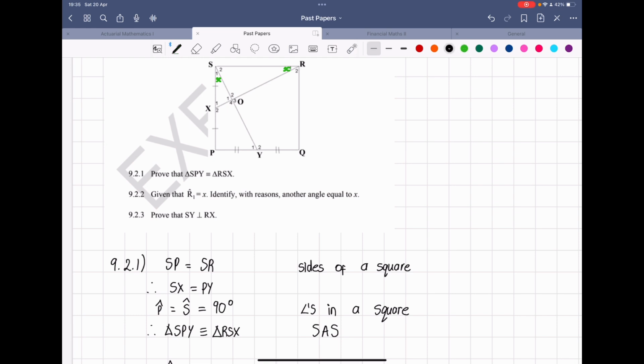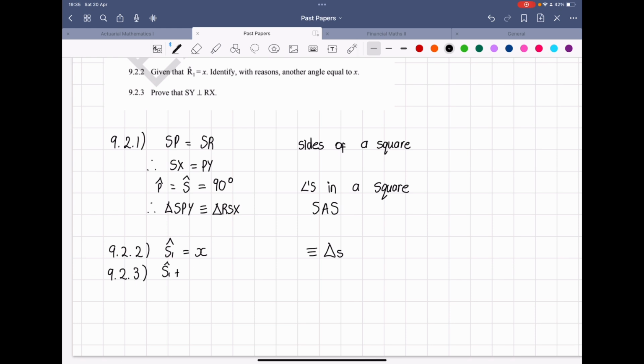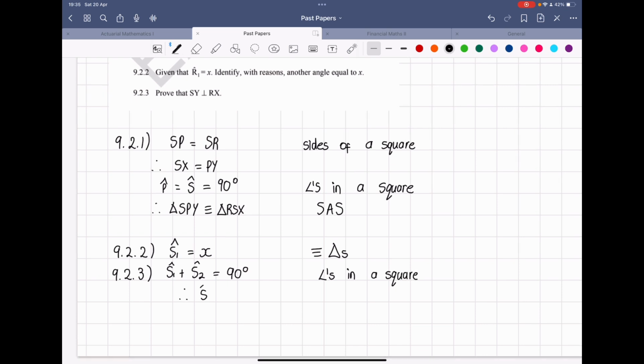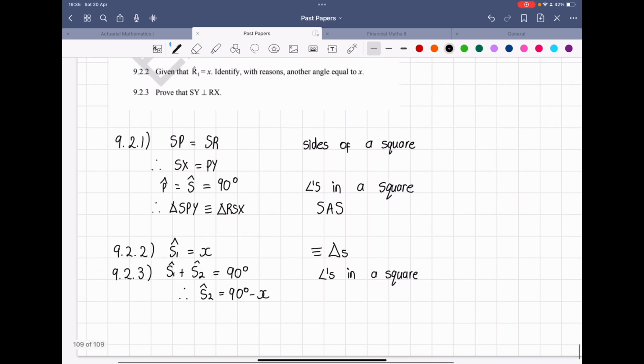So I'm going to start by saying that S1 plus S2 must be equal to 90, which means that S2 is equal to 90 minus X. Okay, and then S2 plus R1 plus O2 must equal 180 degrees, and that's angles in a triangle.